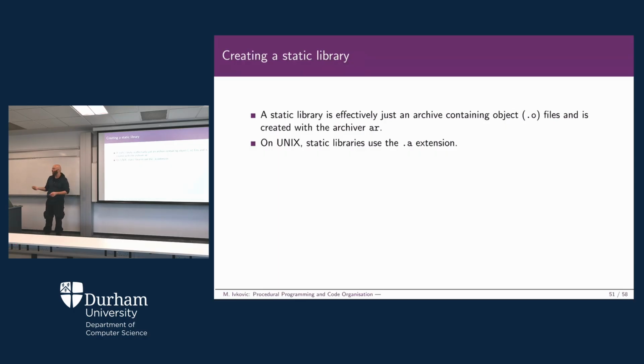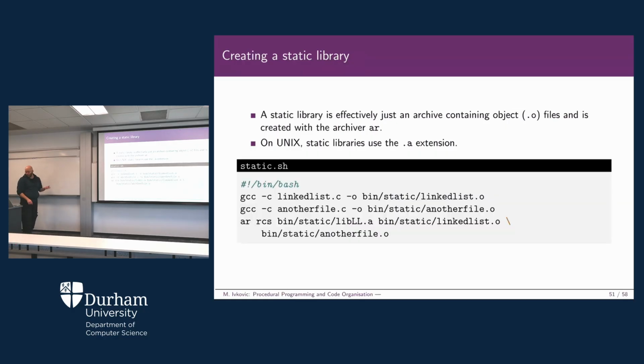So these .o files, which a compiler creates, are just compiled objects, and you just run what we call an archiver on them. It will essentially make a table and keep track of what's in where, what's in your object files. So nothing too tricky, just a bit of bookkeeping. So on Unix, again, the static libraries will use the .a extension. So how do we do that?